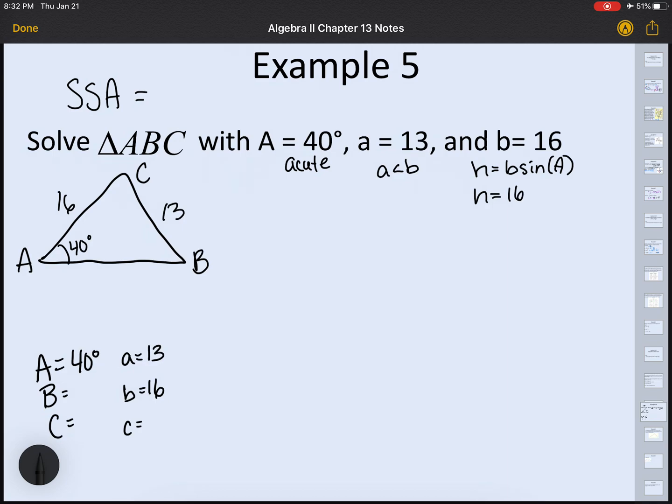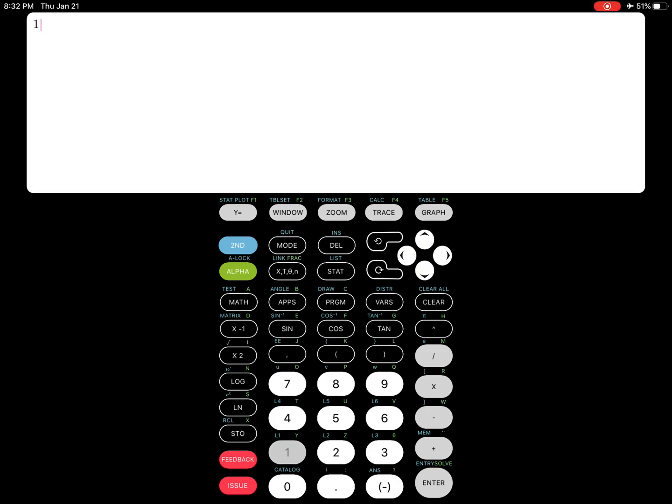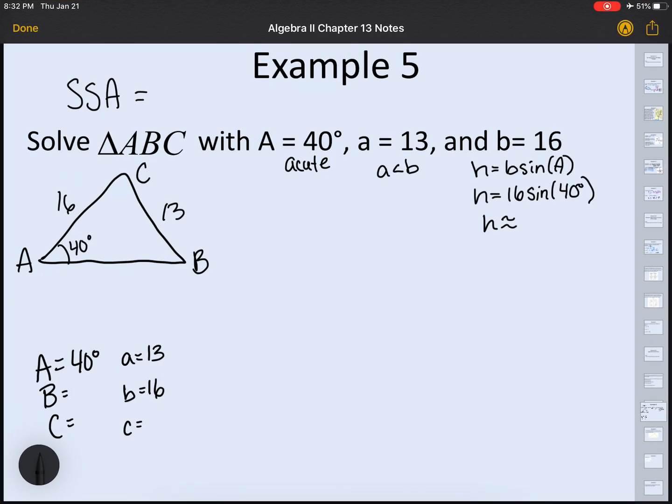And now let's look at the height, which is B sine A. So 16 sine angle 40 degrees. So 16 sine 40 is about 10.3. So in this case, our A is greater than the height.